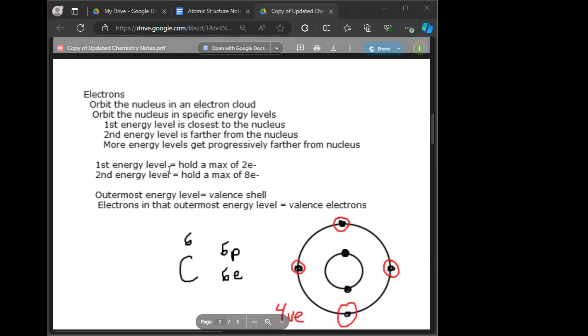Okay, so for example, the first energy level can only hold a maximum of 2 electrons. And then the second energy level can only hold a maximum of 8 electrons.